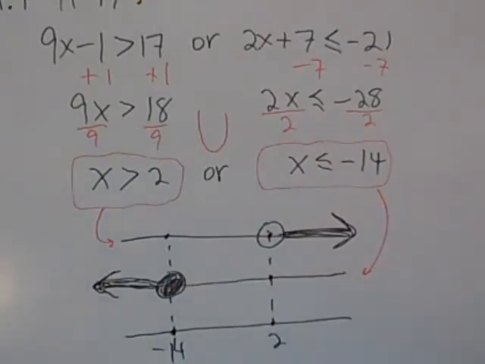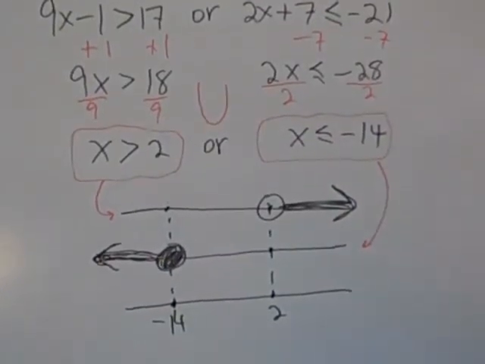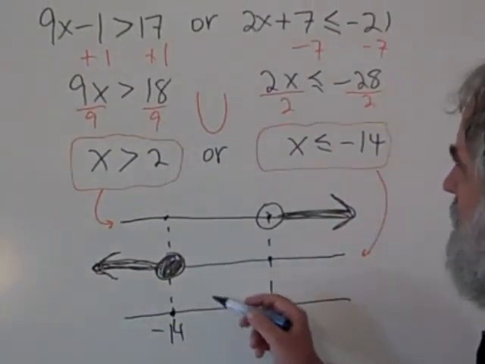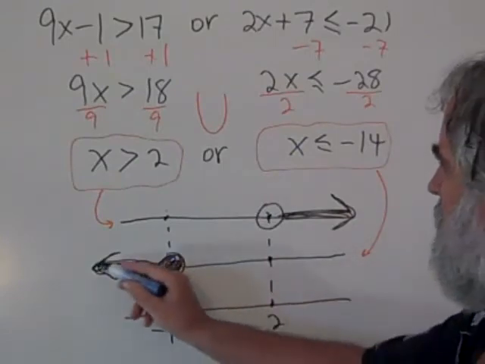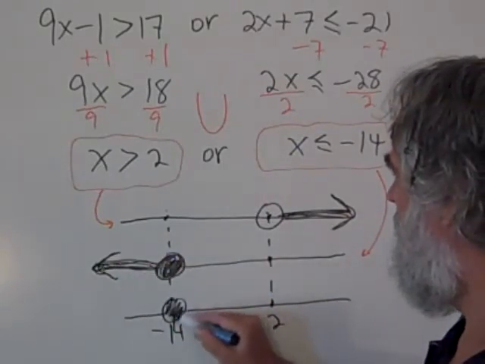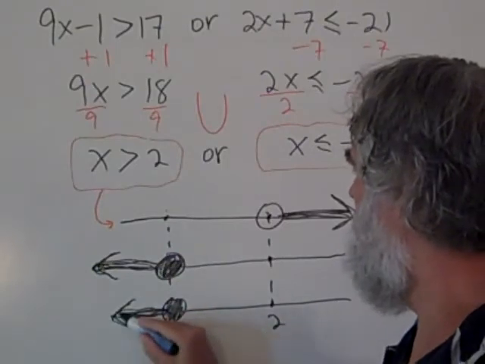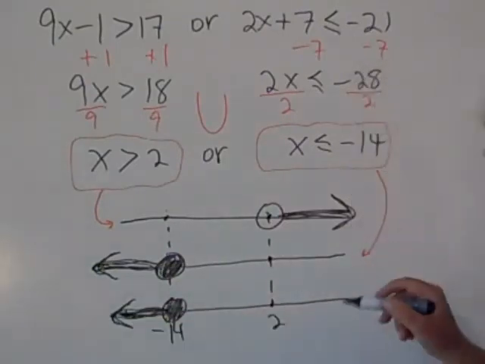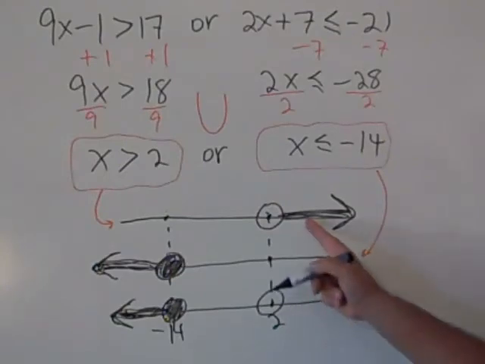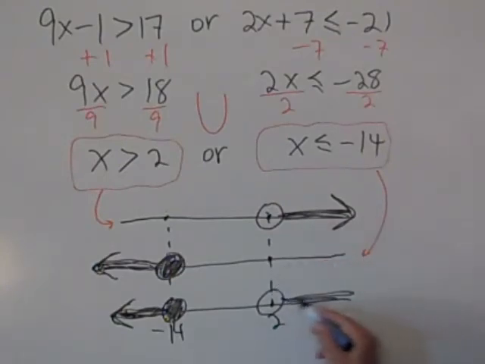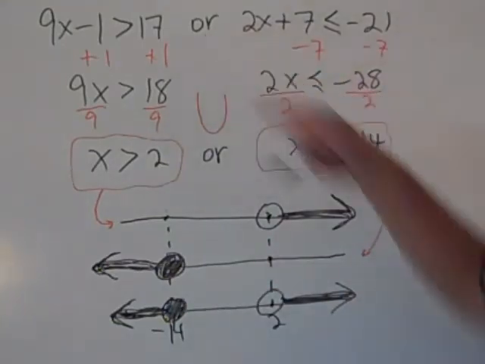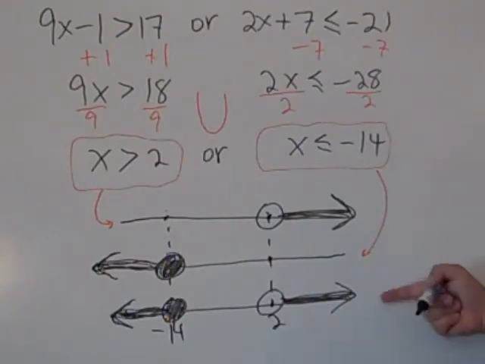So for the or, we throw all these solutions together into one solution set, taking their union. We have everything going off to the left from negative 14, any x's smaller than negative 14, but also any x's that are bigger than 2. Since being a solution to one set or the other means it's a solution to the or of these two, that's the graph of our solution set.